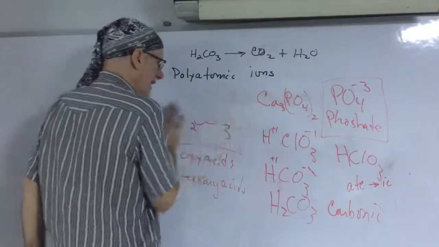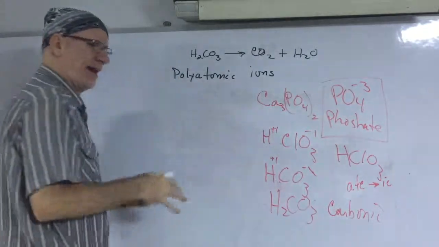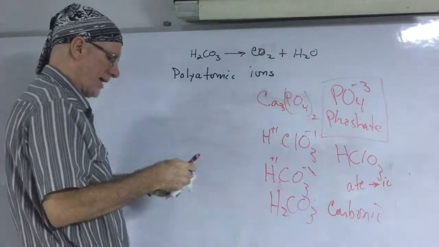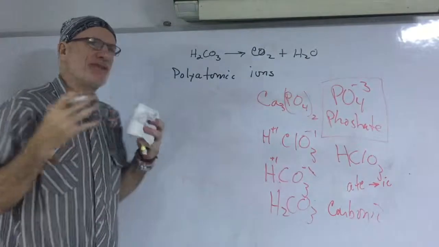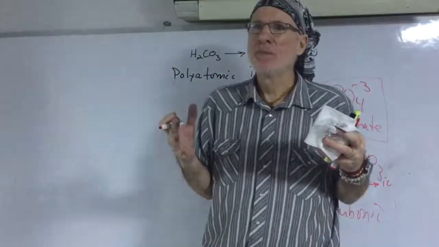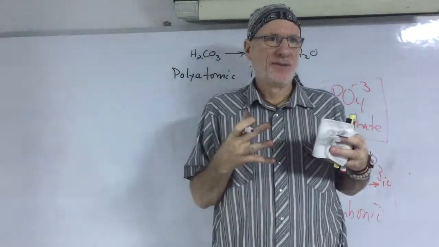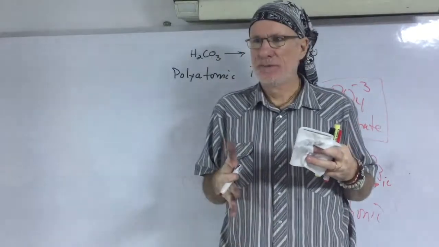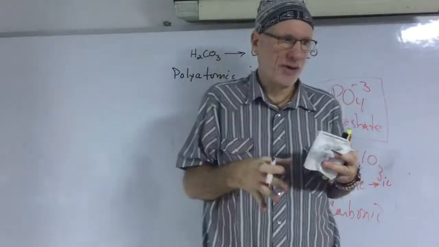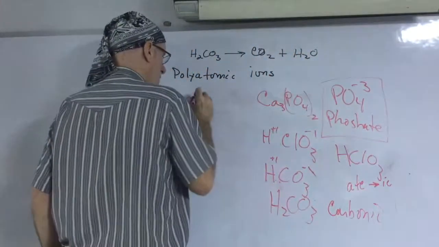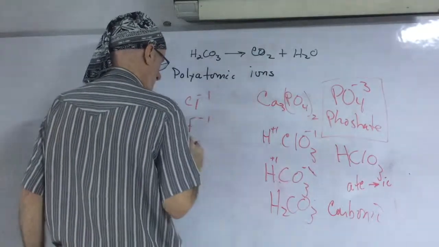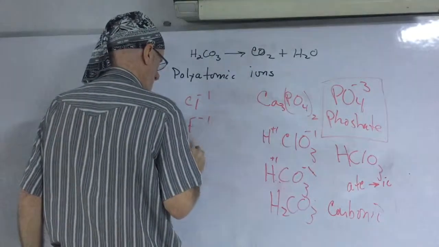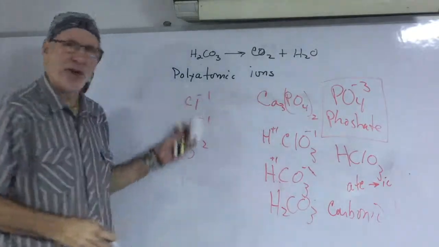Okay. Now, the last thing is, and then I want to show her something, so I got one and a half things to do. But what happens if you have a negative element? You know, like a halogen or sulfur, right? And I'm going to add acid.